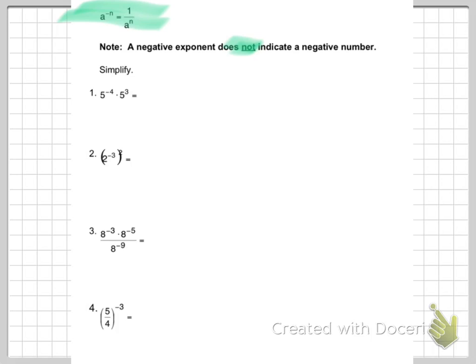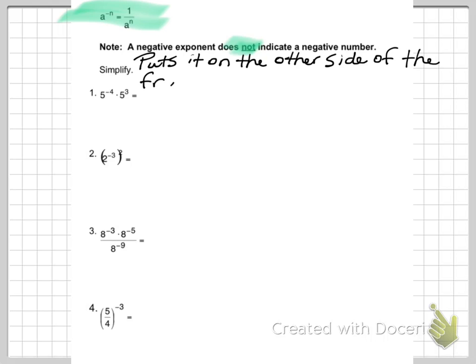So let's write there. I'm going to add this to these notes. It puts it on the other side of the fraction line, and the exponent becomes positive.